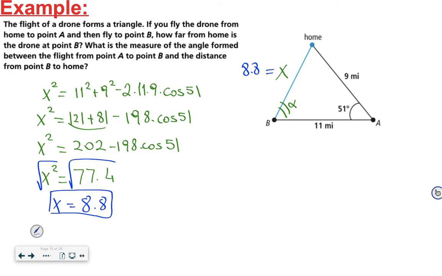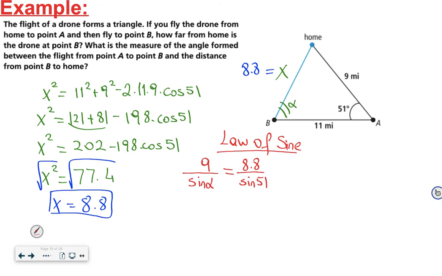To be able to find alpha, if you want, you can also apply law of cosine, because we already know all the sides, or we can use law of sine for this question. Remember, what was the law of sine? Each side is proportional with the sine of opposite angle. So what does that mean? 9 over sine alpha will be equal to 8.8 over sine 51.